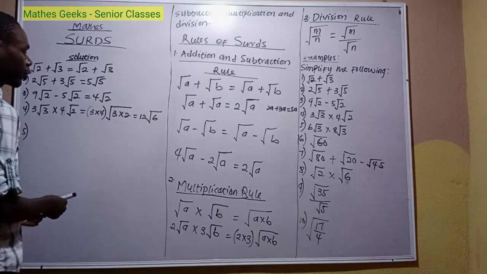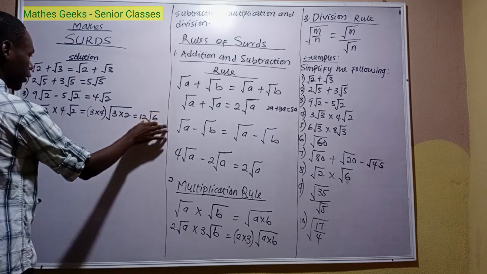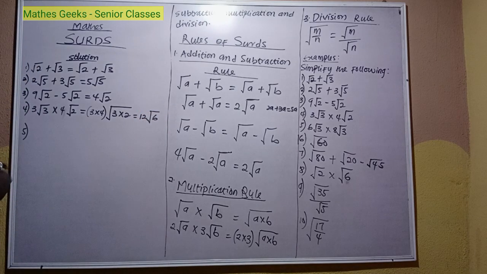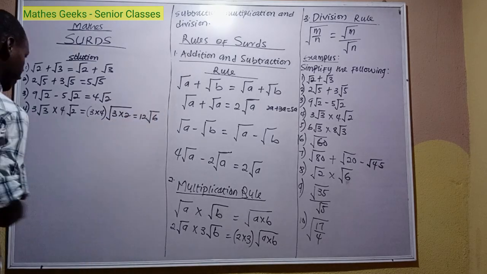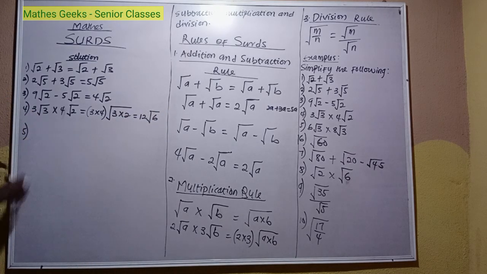Since 6 is not a perfect square, we don't need to get the exact value of root 6 because it is irrational and goes on indefinitely. So we're going to leave it in this form: 12 root 6.